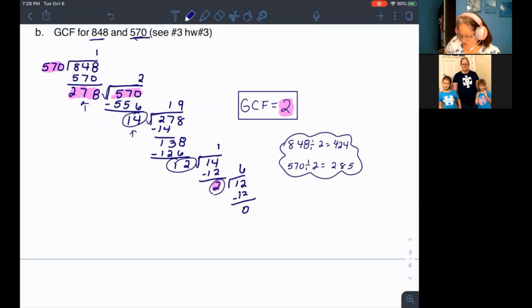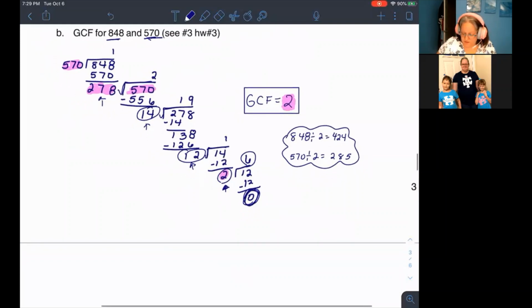So now you have 2, and you're bringing down the 12. 2 into 12 is 6, and that gives you the remainder of 0 that we're looking for. So in this way of thinking, the 2, which is the last divisor that we had, is our greatest common factor. That is the largest number that they both have in common.